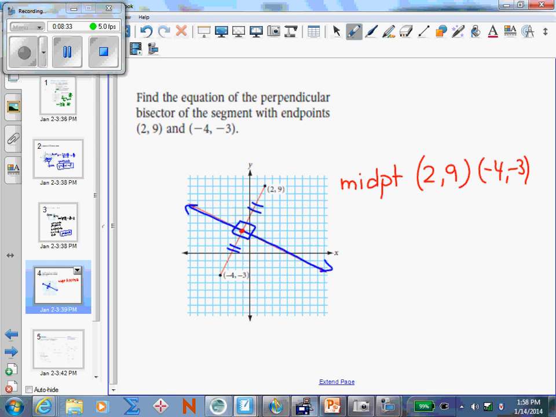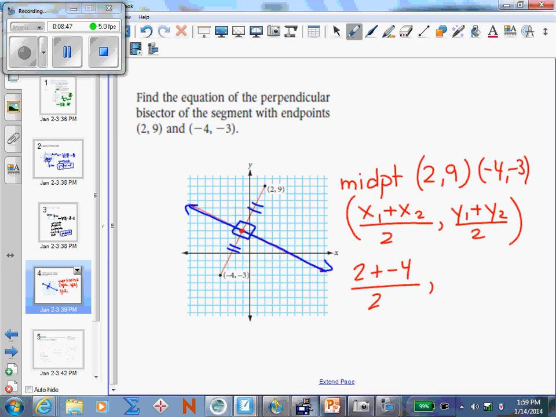(x1 + x2)/2, comma, (y1 + y2)/2. So in this case, that means (2 + -4)/2, comma, (9 + -3)/2, which means our midpoint is (-1, 3).